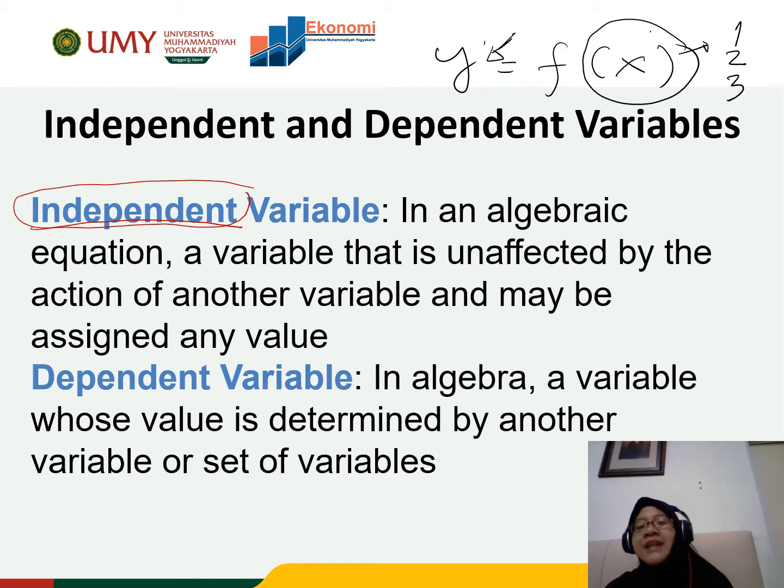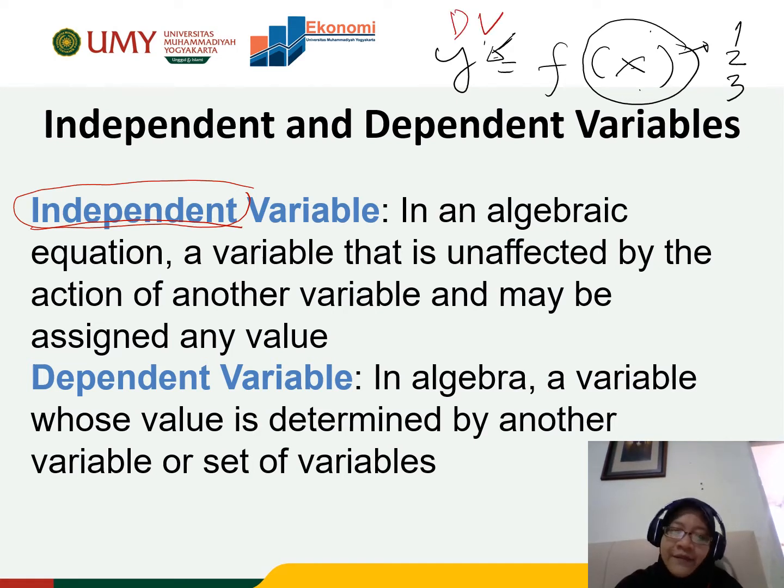In different cases, if the x is changing, the y will be changing also. So the y is the dependent variable, which we can abbreviate as DV, and the independent variable we can abbreviate as IV.